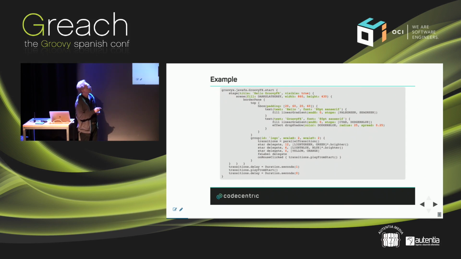Here you have a border pane. If you know Swing, there's a border layout in the past. The same thing in JavaFX with panes. There you have a location top, or in there goes the top area, or the other areas like left, right, bottom, or if there's nothing specified, then it's in the center, and so on. And you have all the elements like text and other stuff in this hierarchical definition.